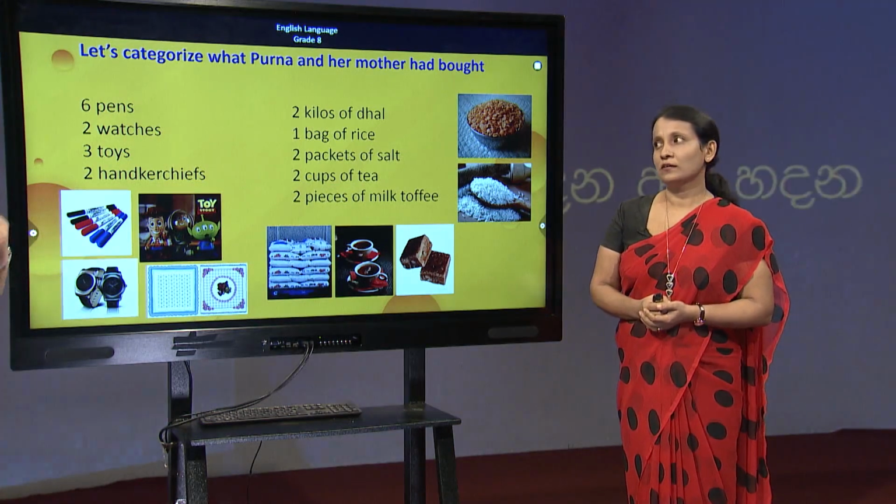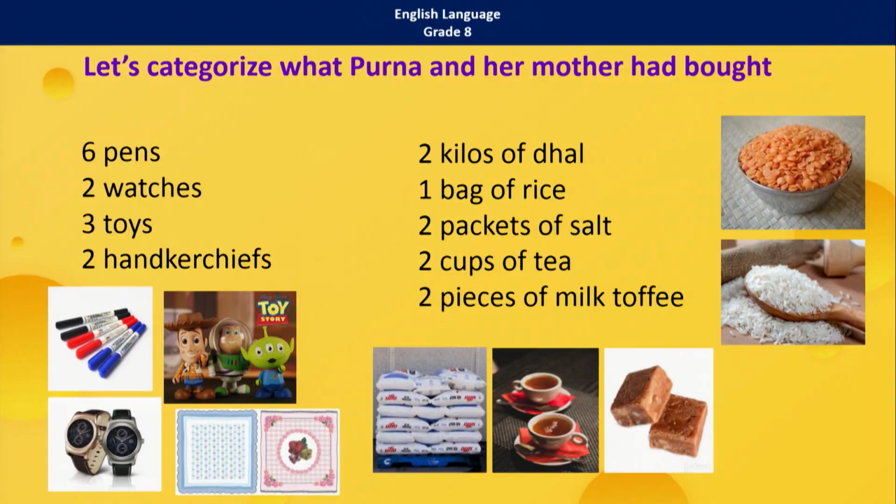So what is the next one then? Next point is, now when we take pens, 6 pens, even there is a small picture of 6 pens, you can count, can't you? Yes, you can count these pens there. 2 blue pens, 2 red pens and 2 black pens, altogether 6 pens.